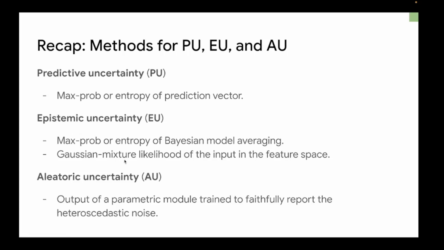You can also do Gaussian mixture likelihood in the feature space to measure the distance directly in the feature space. For aleatoric uncertainty, we have seen that we can come up with a parametric module and then train it with some log likelihood to make it faithfully report the heteroscedastic noise.